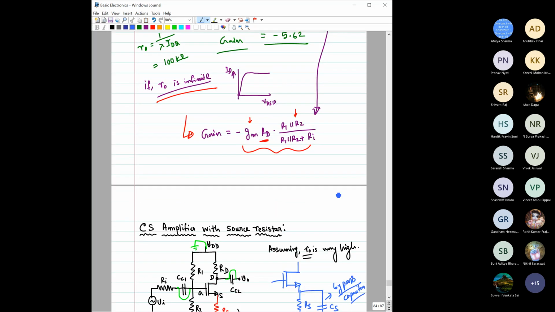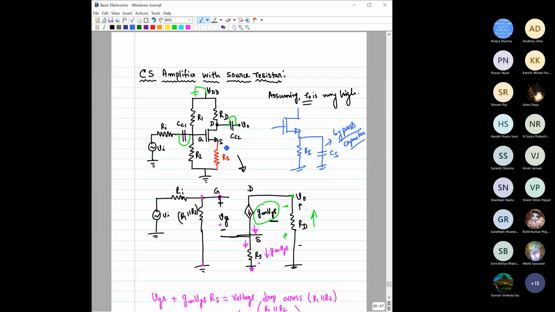However, for this case, you see this for RD, another terminal is grounded, right? But for R naught, another terminal is not grounded because the source is not grounded.